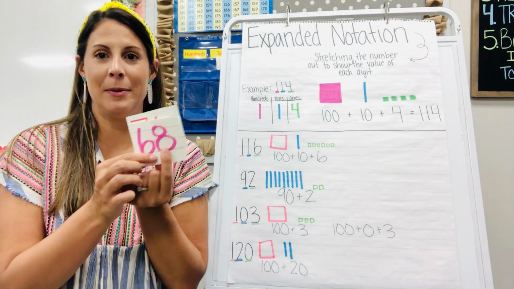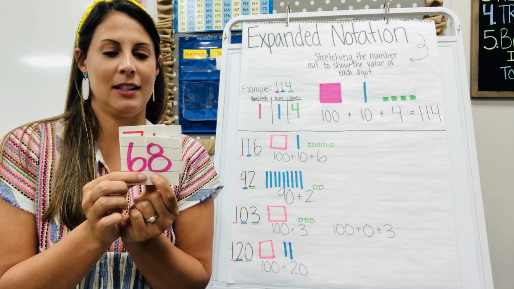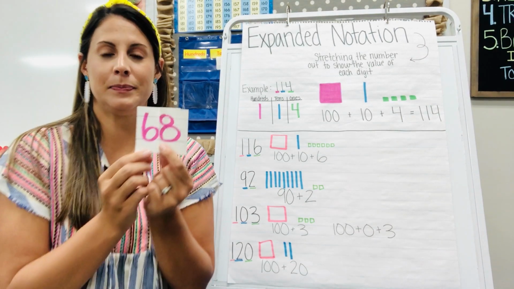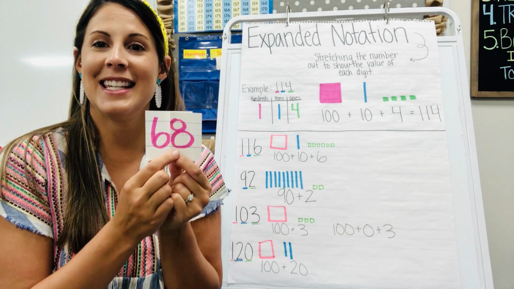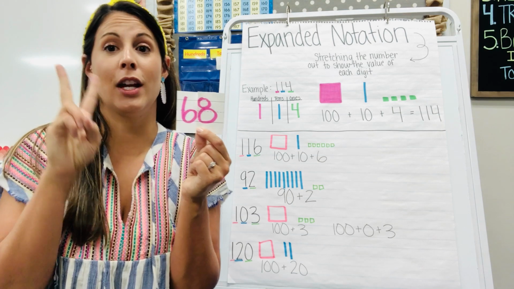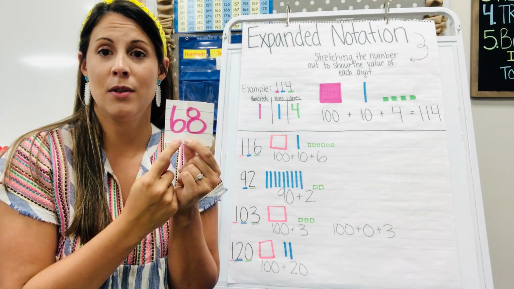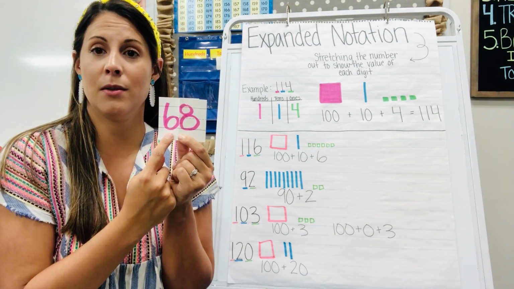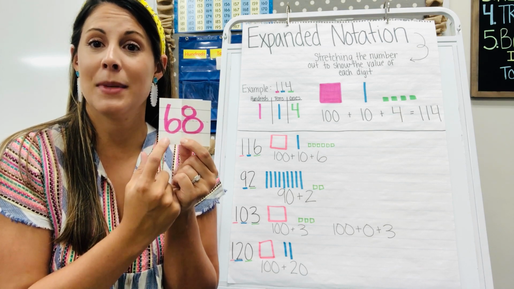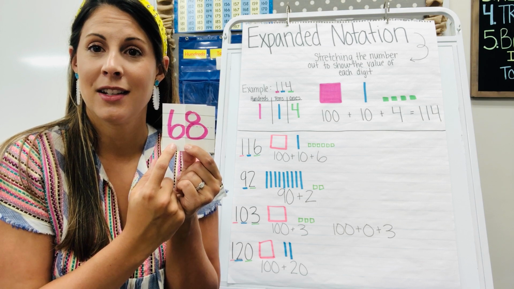All right, let's try the next one. Say this number out loud. 68. Think about how many digits. If it's only a 2-digit number, what's the first place value? Tens and ones. So how many tens do we have? 6.